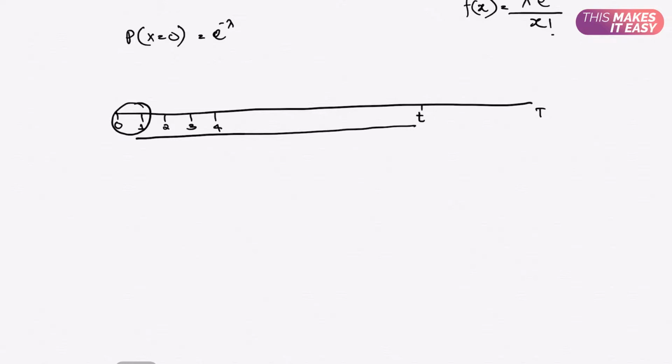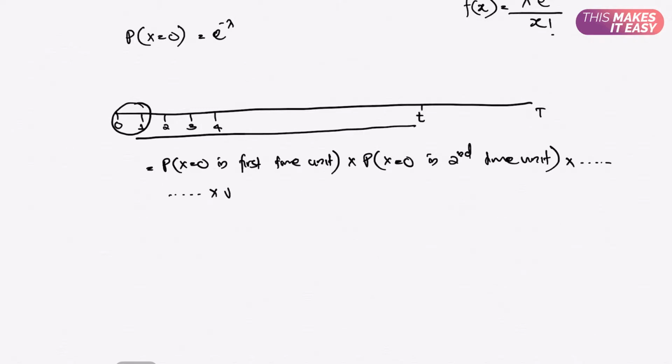So it is equal to the probability of x is 0 in the first time unit, times the probability that x takes 0 in the second time unit, times the probability that x takes 0 in the t-th time unit.